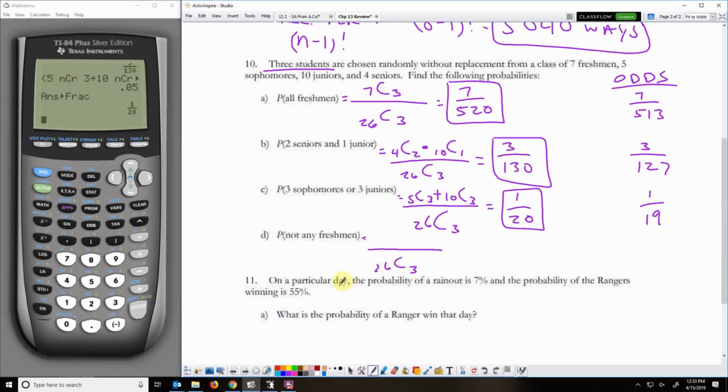And then not any freshmen. So the non-freshmen in this class, let's see, there are 7 out of 26 are freshmen, which means 19 of them are non-freshmen. 19C3 divided by 26C3.